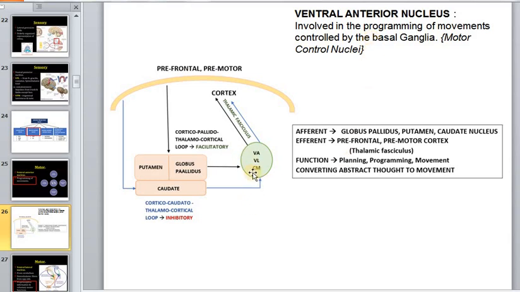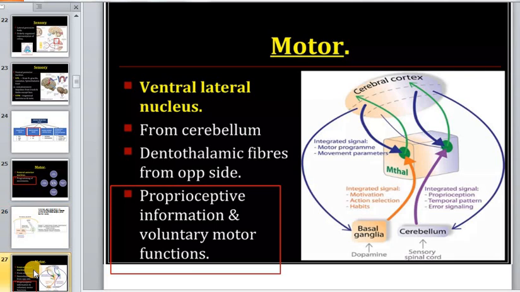And we have connection with the cortex. Here we see the afferent and efferent signals and pathways, and the function: planning, programming, and movement. So let's start: planning movement, programming movement, and realizing it, this motor action.